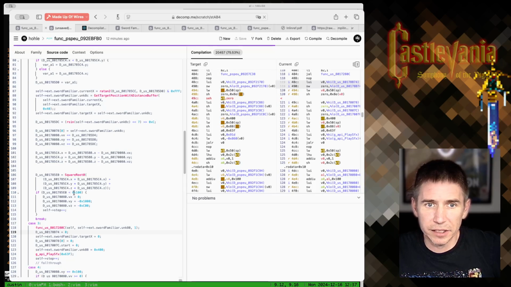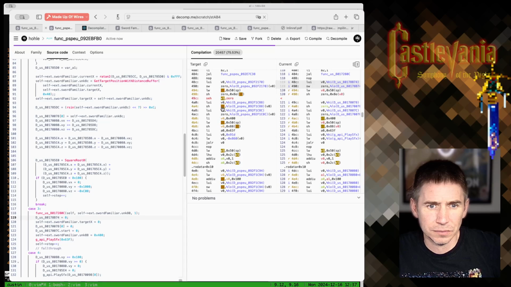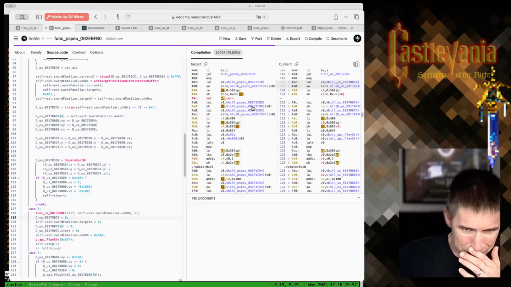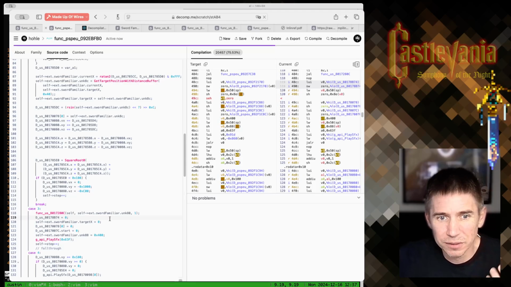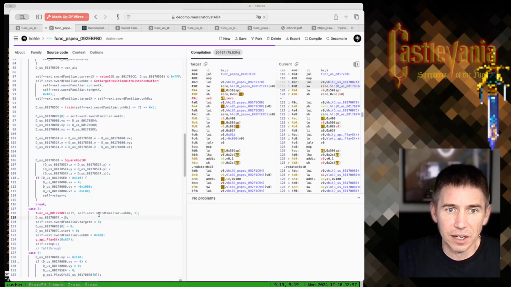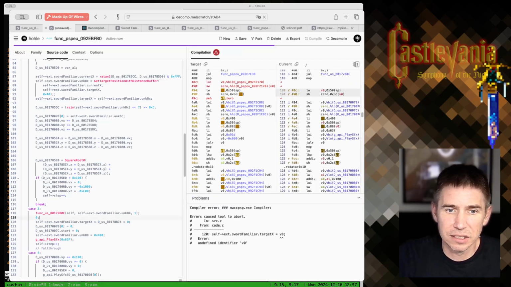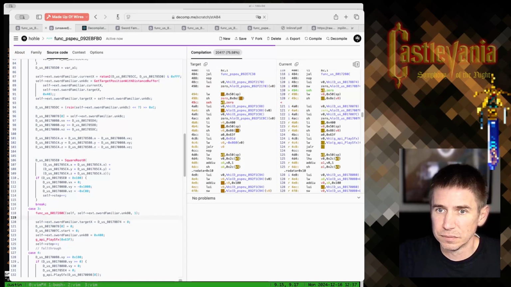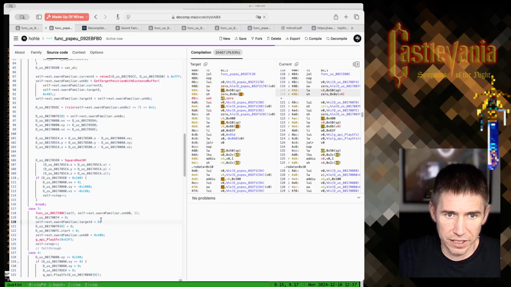I'm not sure why. V1 then is being written. What may be happening is that this is going into a local variable and then being assigned. However, let me try one more thing. It is possible that there's like an inline assignment like this. Yeah, so that gives the sign extend, but those are the wrong values.